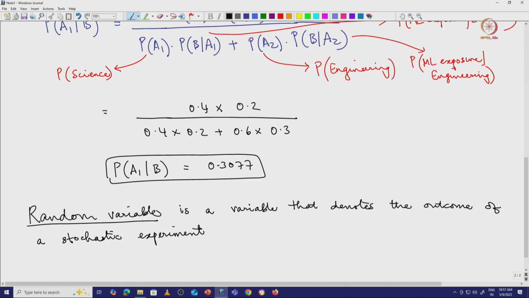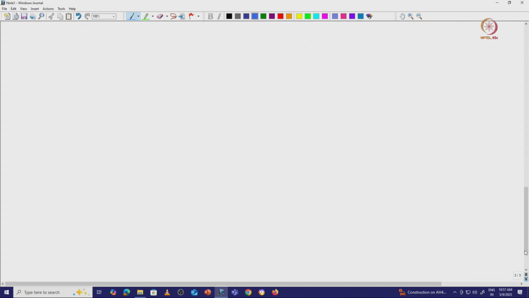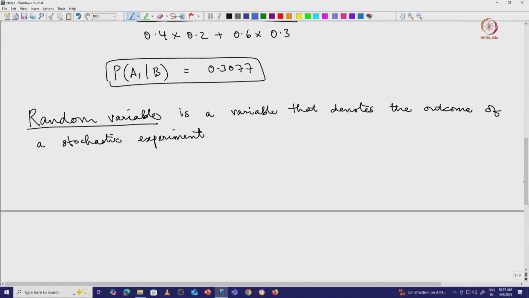Okay. And like I said, these can be of two types. It can either be a discrete random variable, or you can have a continuous random variable.